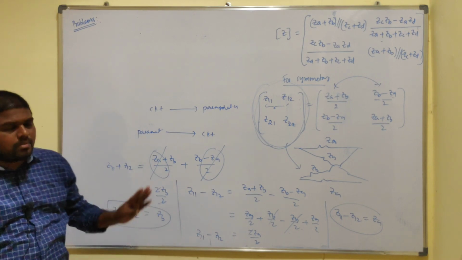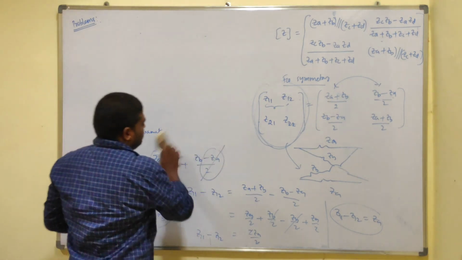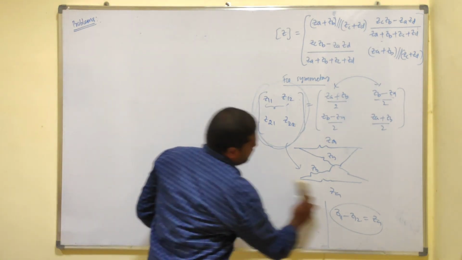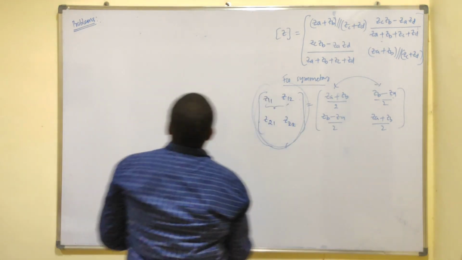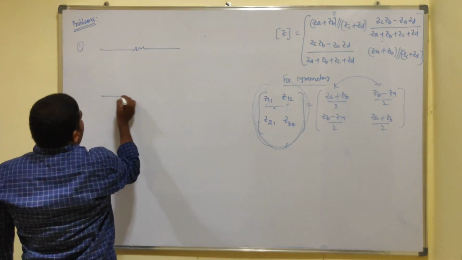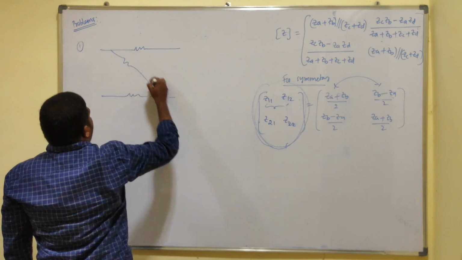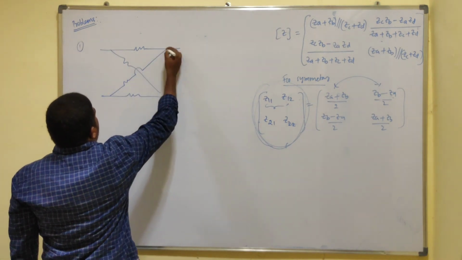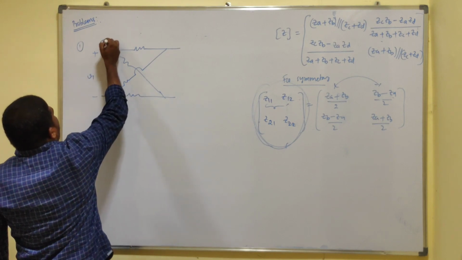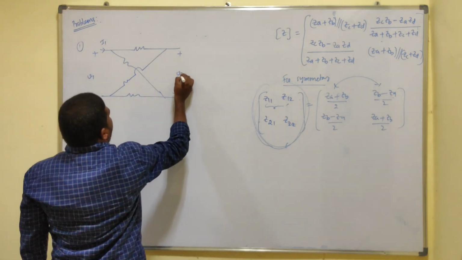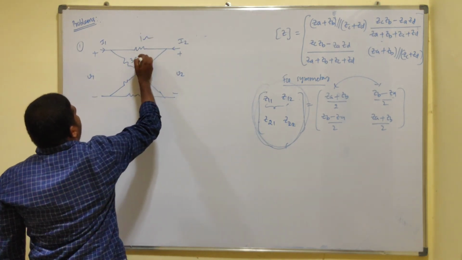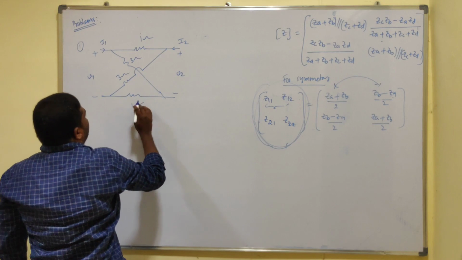Okay, now problems of lattice structure. The first problem: here V1, I1, V2 and I2, and here 1 ohm, 3 ohm, 3 ohm, 1 ohm.